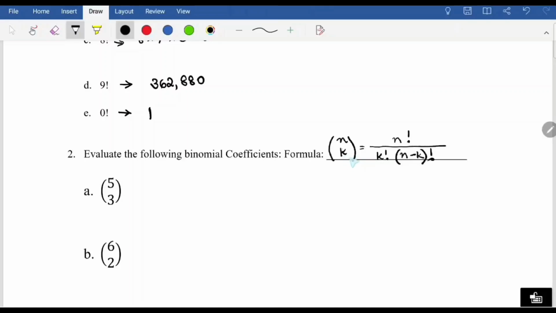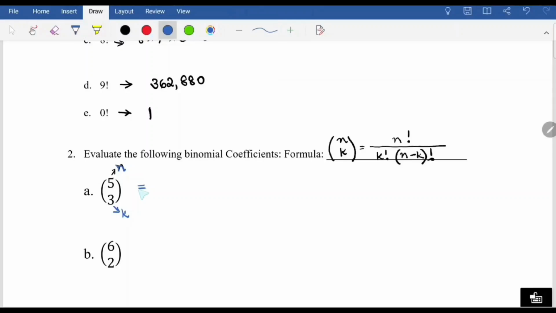So x is the value at the bottom. Over here for question number A, it has 5 and 3, so that means n is 5 and 3 is k or x, whatever it is.